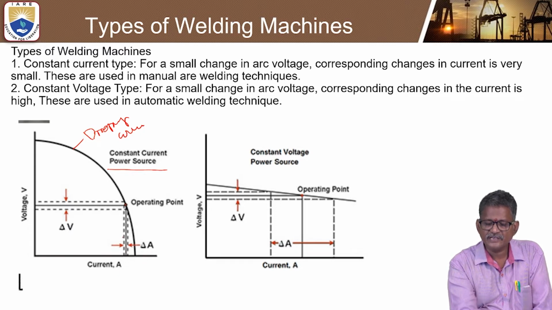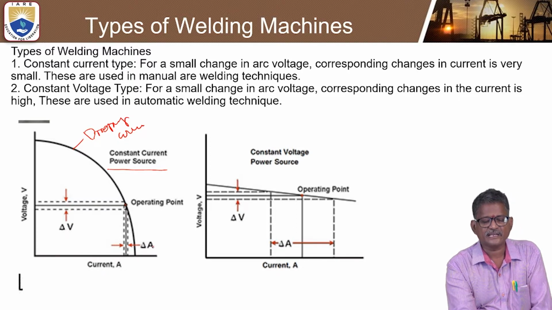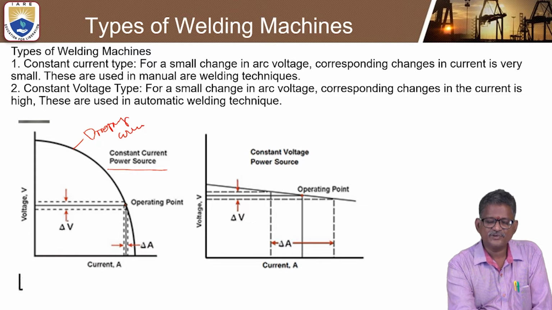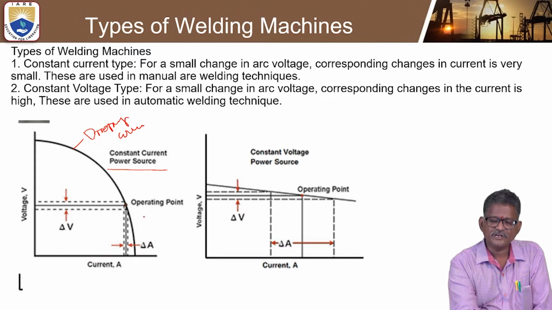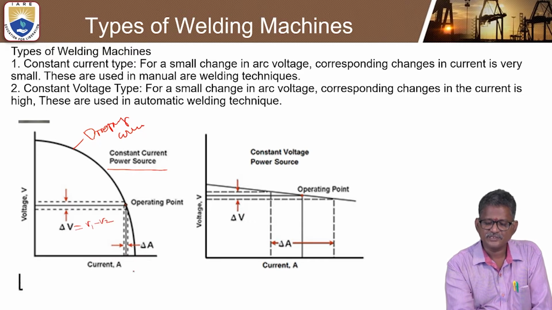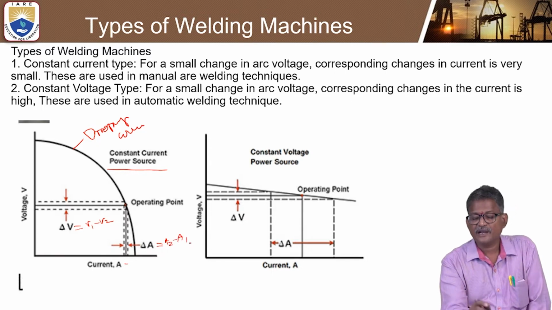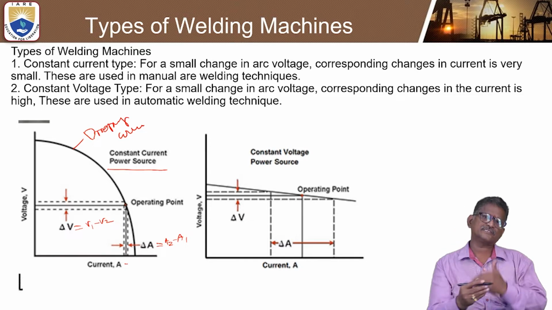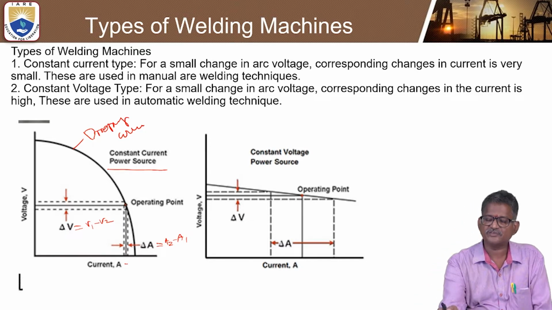Here, delta A is the change in current and delta V is the change in voltage, with V1 and V2. So delta V is equal to V1 minus V2, and delta A is equal to A2 minus A1. Similarly, when we discuss the constant voltage power source, it is a linear curve, a straight line.